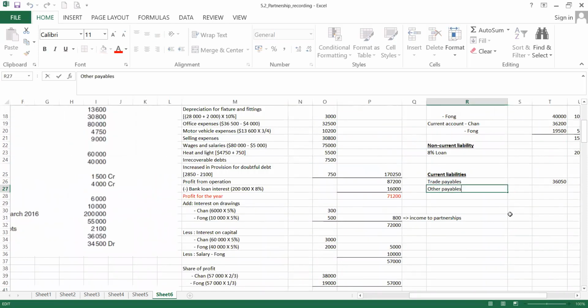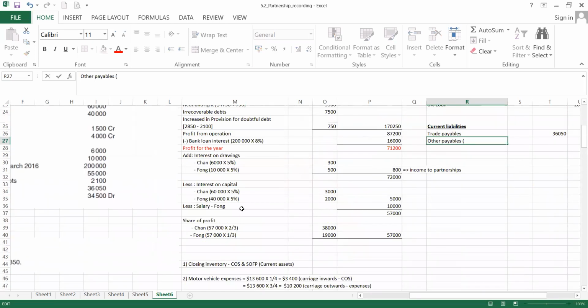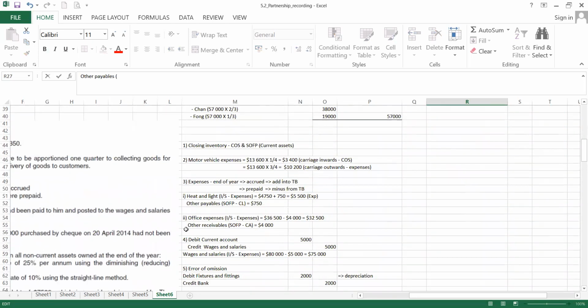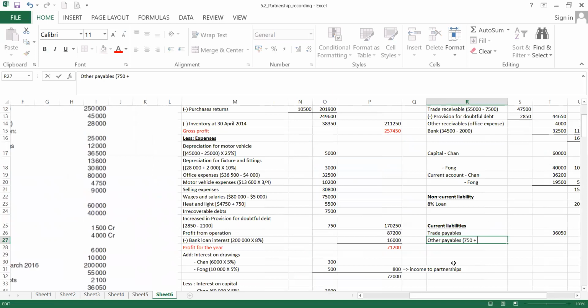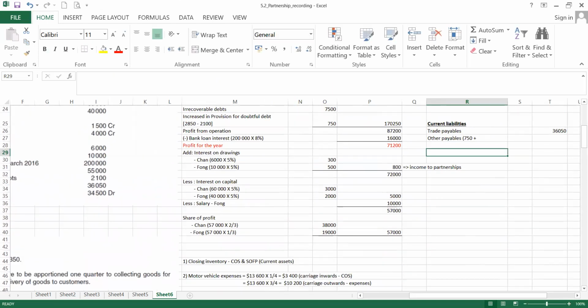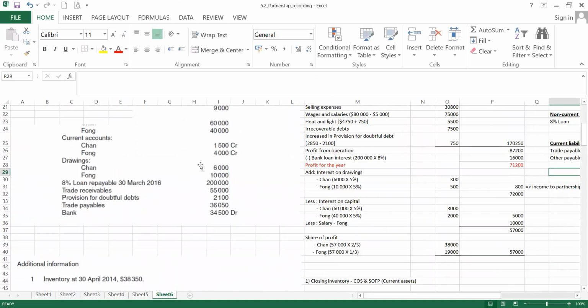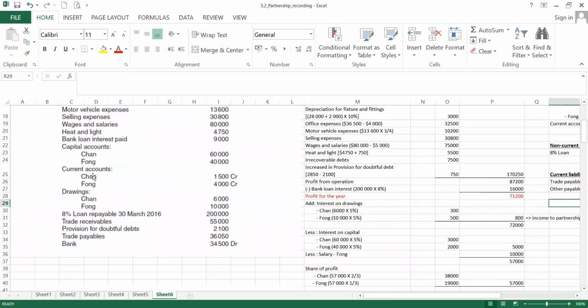But the other payable is an accrued amount. Accrued amount is a hit and light, which is this one, 750. But don't forget there is one more item that we need to calculate. You notice the bank loan interest paid. Where is the bank loan interest paid? Okay, this bank loan interest paid is 9,000. We only paid 9,000.